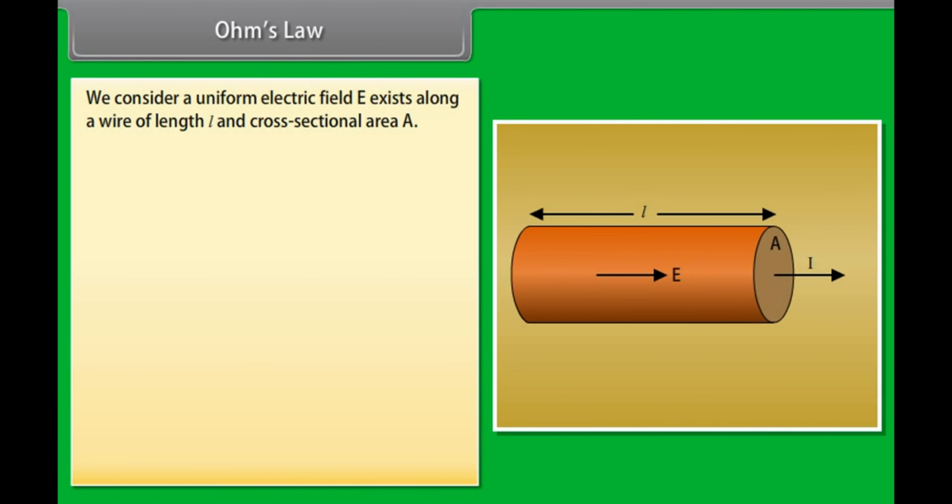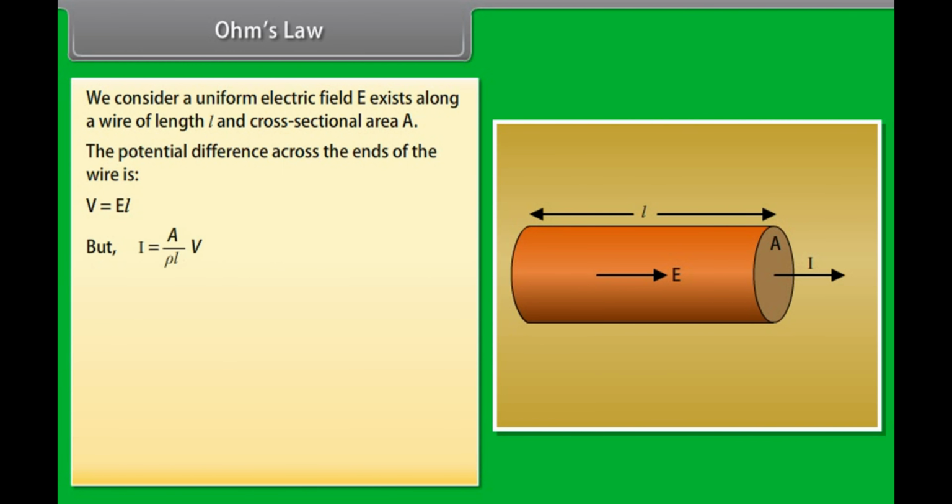We represent a resistor by this symbol. We consider a uniform electric field E along a wire of length L and cross-sectional area A. The potential difference across the ends of the wire is given by V is equal to EL, but I is equal to A upon rho L multiplied by V, where rho is the resistivity of the material.